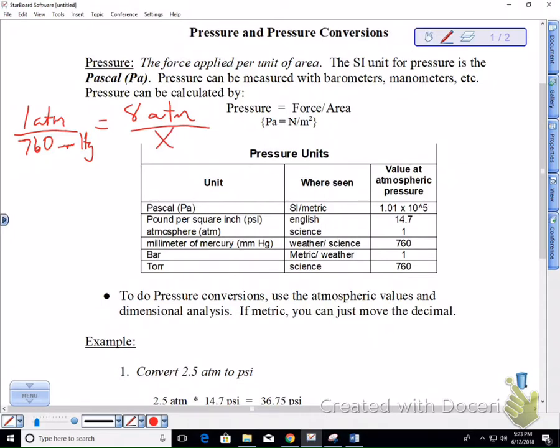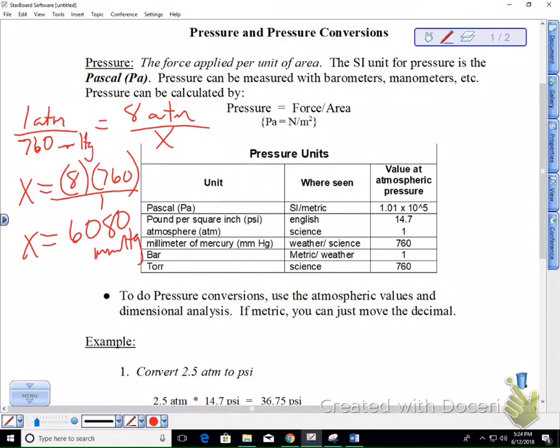So if we solve for x, we would get x equals 8 times 760 divided by 1, and we would find out that it gives me 6,080 millimeters of mercury. So we could do it that way, and that's all we are. It's just like an English analogy or a math proportion.